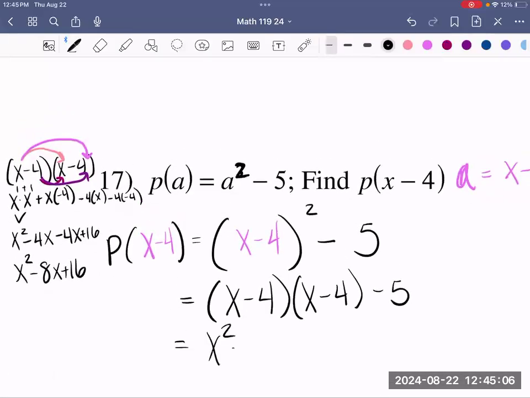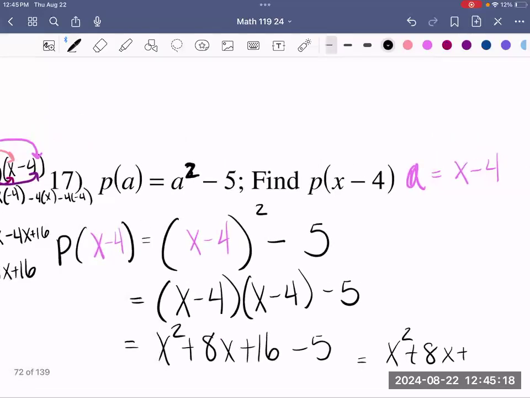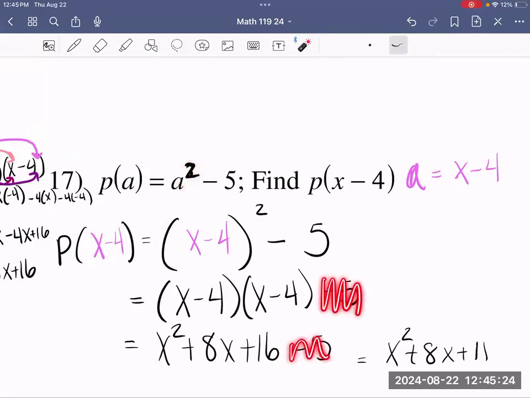So you have x squared plus 8x plus 16 minus 5. And then you can go ahead and combine those like terms. Now, if you wanted to change it back to a 3, don't subtract this 5 yet. Just write an extra one of these to be cubed.